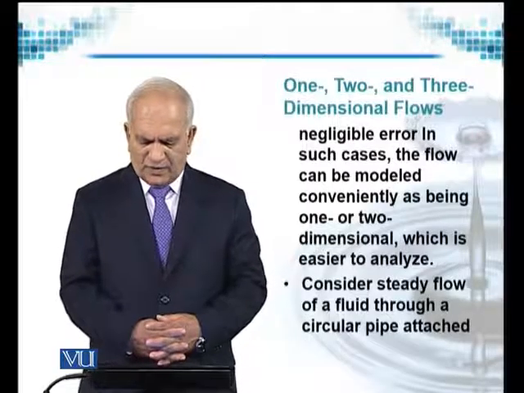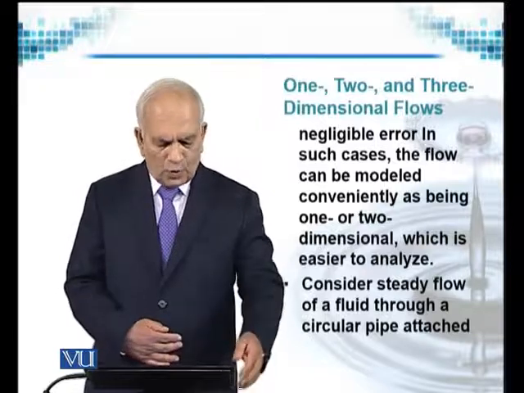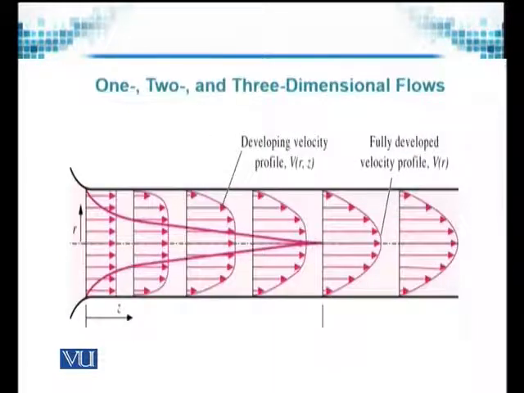We consider a steady flow of a fluid through a circular pipe attached to some tank, and then the fluid flow that will take place is here that I had shown you earlier, and we were discussing its development along the line. And you can see that in the end, the velocity vector is only dependent on r. But if we have to apply the other parameter, pressure, then pressure will change with z.